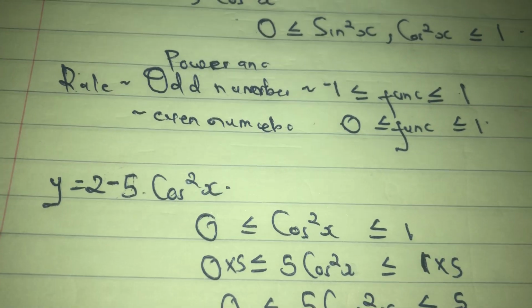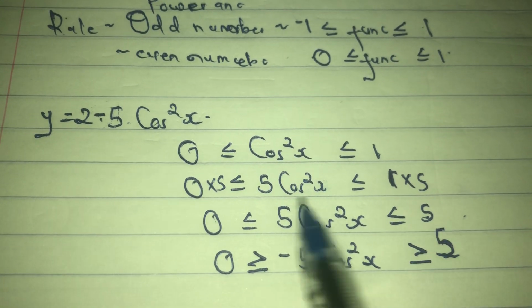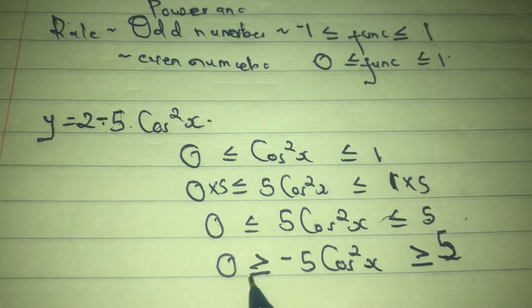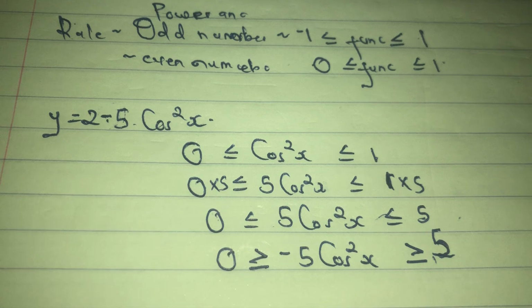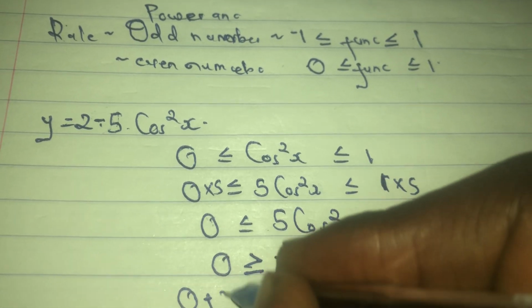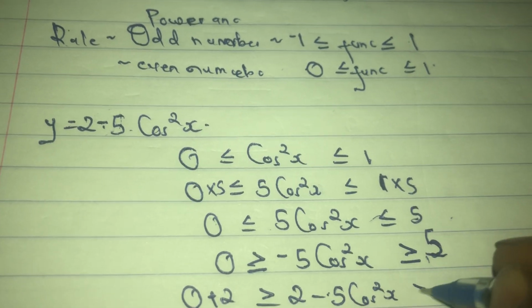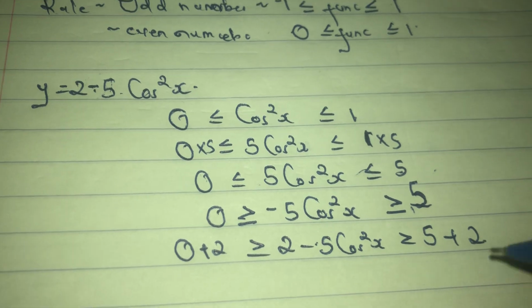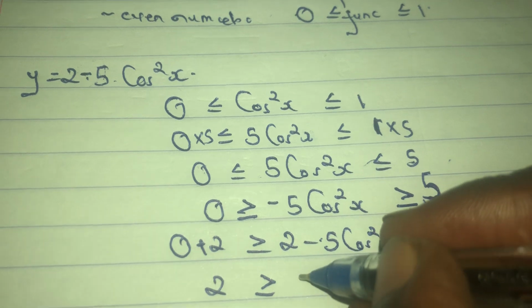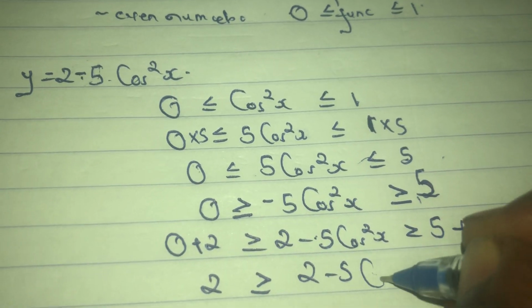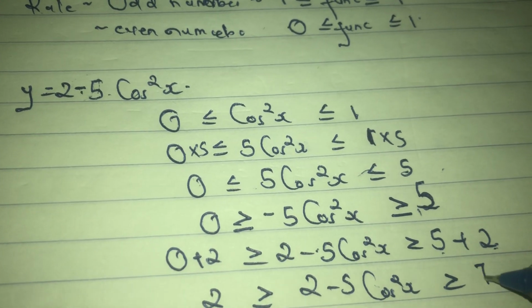Then we put the 2, which is plus 2. This is 2 minus 5 cos squared x. So 2 minus 5 is -3, and 2 minus 0 is 2.